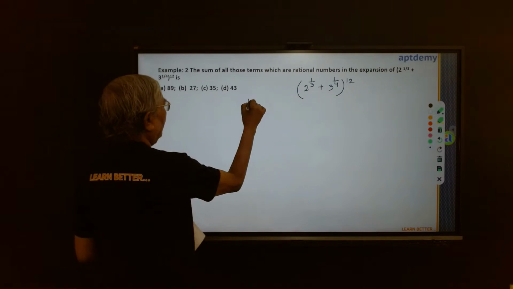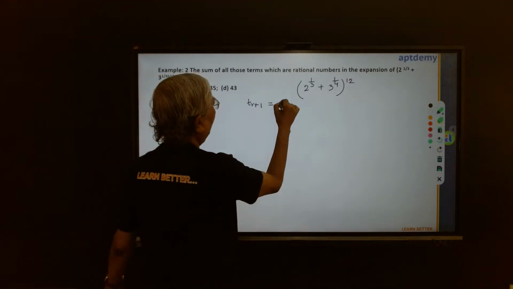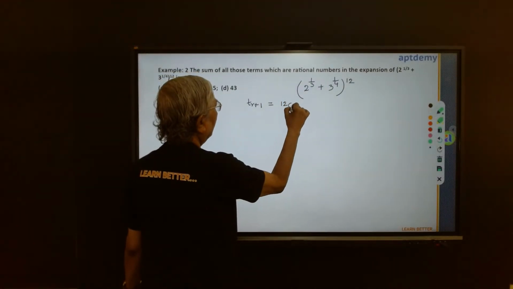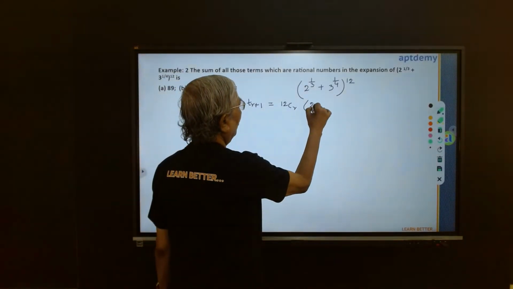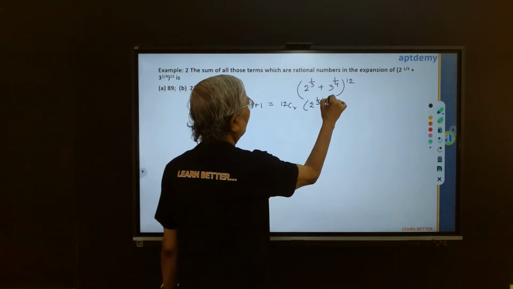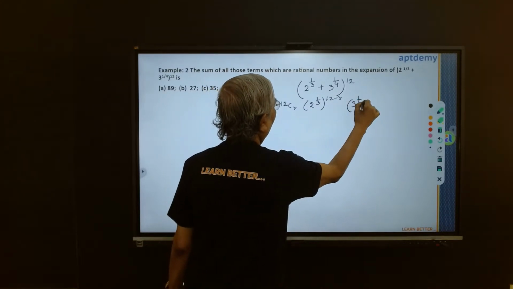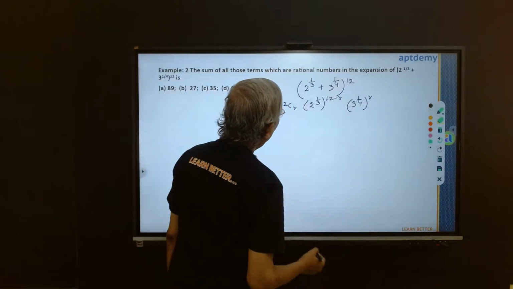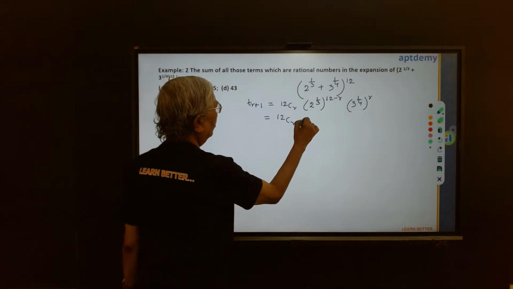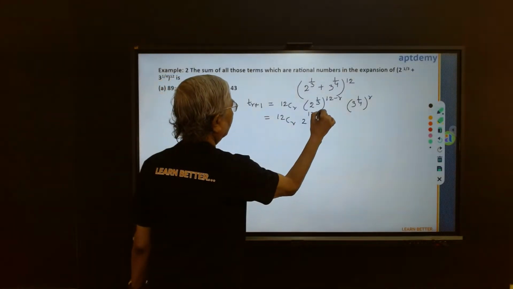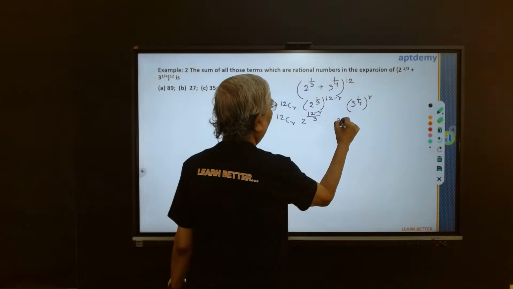T(r+1) equal to nCr, means 12Cr, a to the power n minus r. a means 2 to the power 1/3, that is (2 to the power 1/3) whole to the power 12 minus r into b to the power r, means (3 to the power 1/4) whole to the power r. So what you get? This is equal to 12Cr into 2 to the power (12 minus r) by 3 into 3 to the power r by 4.